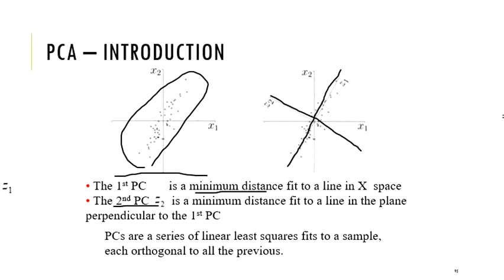So technically, principal components are a series of linear least square fits to a sample, each orthogonal to the previous one. So the correct mathematical definition of these is that each principal component is the best fit to your data, where each new principal component is perpendicular to the previous one.